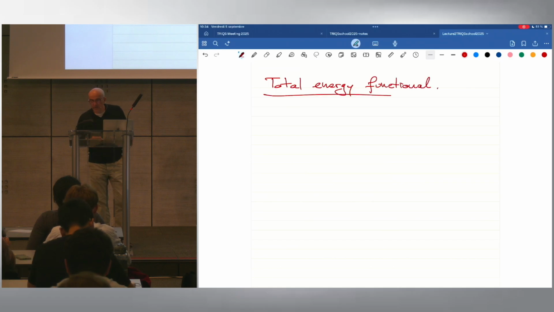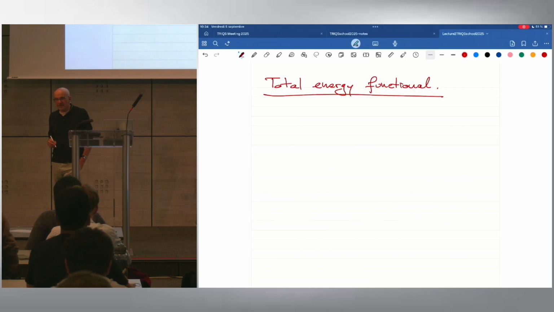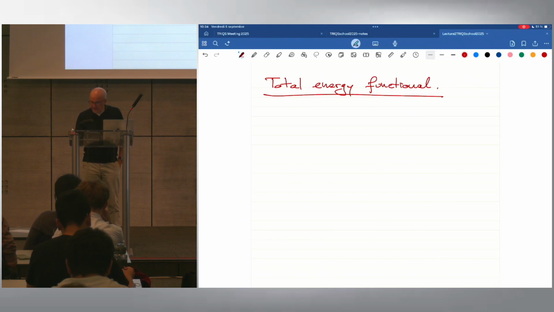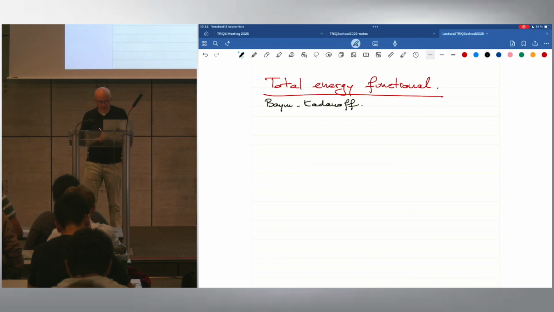Because we all like to be able to compute total energies from functionals, right? So in previous lectures of this school, you have been exposed to what is called the Baym-Kadanoff functional. I'm not going to derive everything, I'm just going to give you a few hints for further reading.